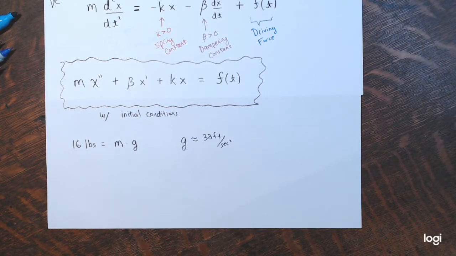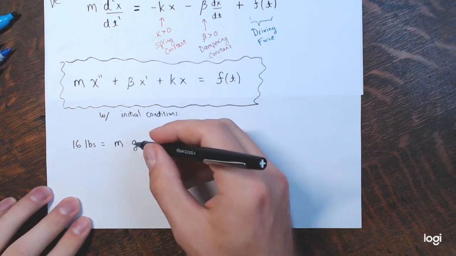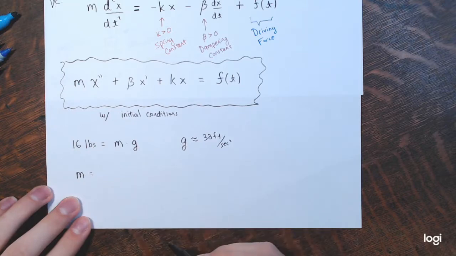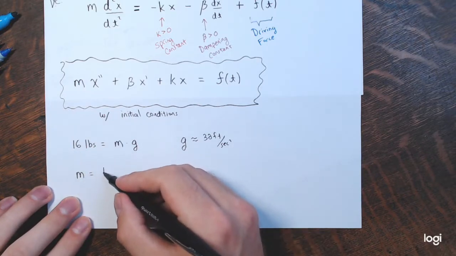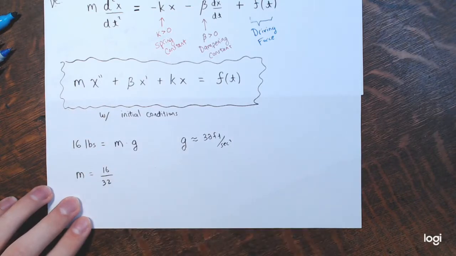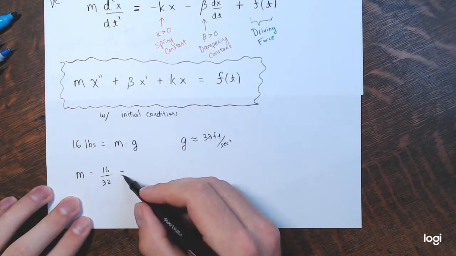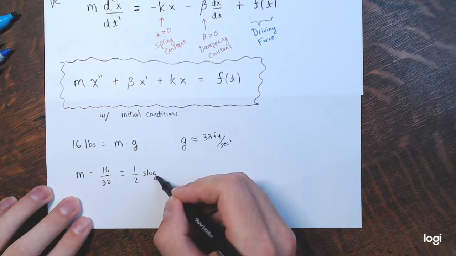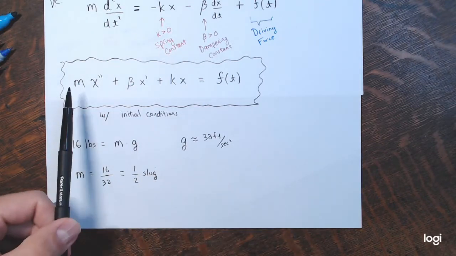So just again, pay attention to units. So in dividing by 32 here, we get the mass of this object is 16 pounds divided by 32 feet per second squared, which leaves me with slugs, half a slug. All right, so m is a half.